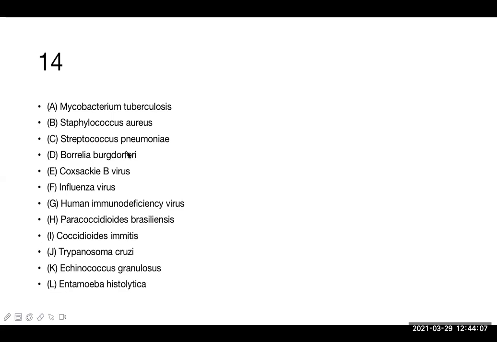All other things are there just to confuse you. Okay, so a long case, but important clues are there. So I should develop that habit. And just pick those important clues, then these questions are so easy to solve.